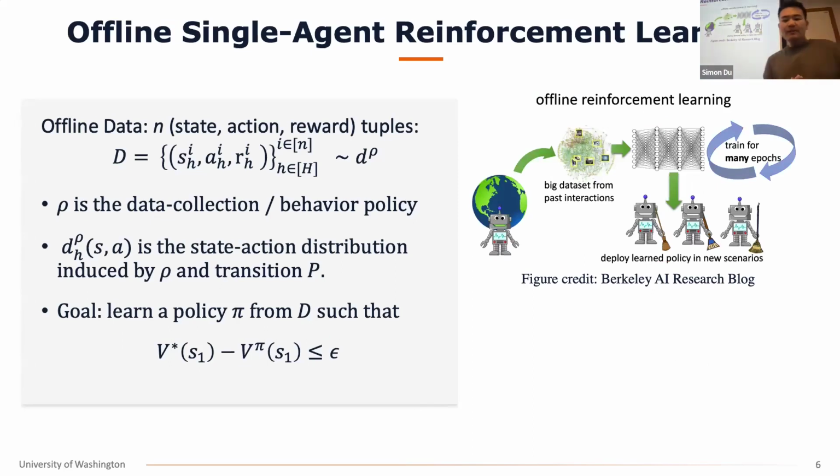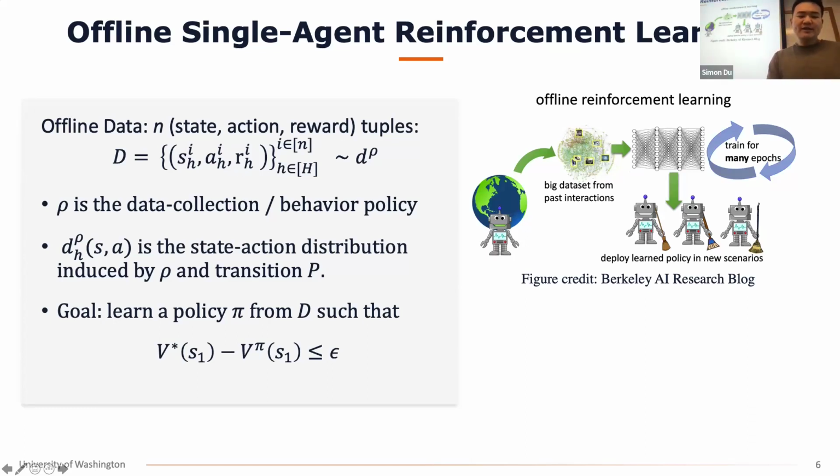In the offline problem, we first have a data set collected with some distribution or with some policy. So this is the formal setup. We have a data set D of this kind. Each data point in this data set is a tuple: a state, action, and reward.